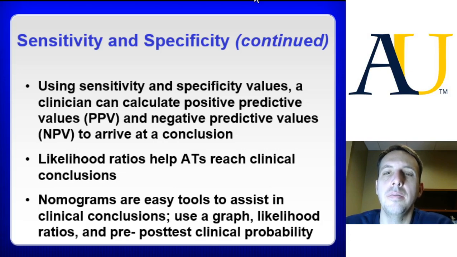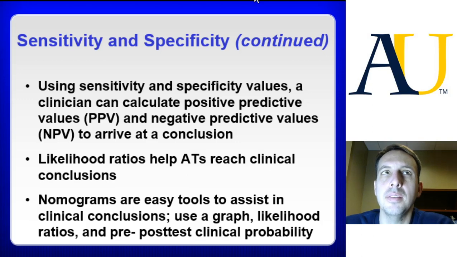Those then go even further into this idea of a likelihood ratio, which basically then starts to create more math that you can then put into a nomogram, which is basically a graph that will allow you to assess pre- and post-test clinical probabilities.